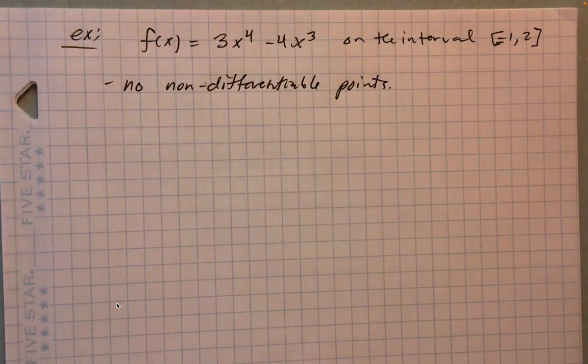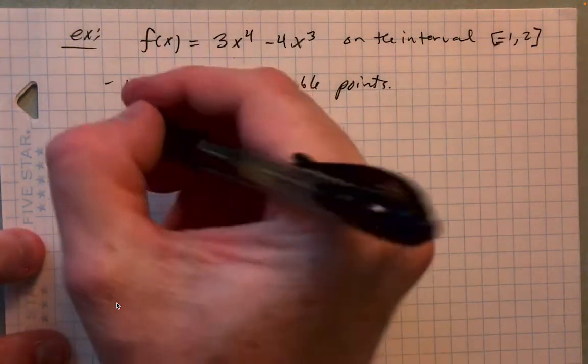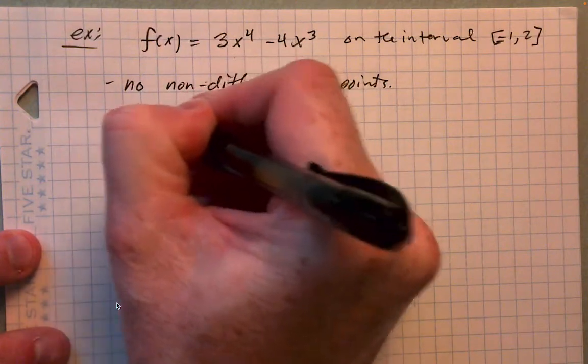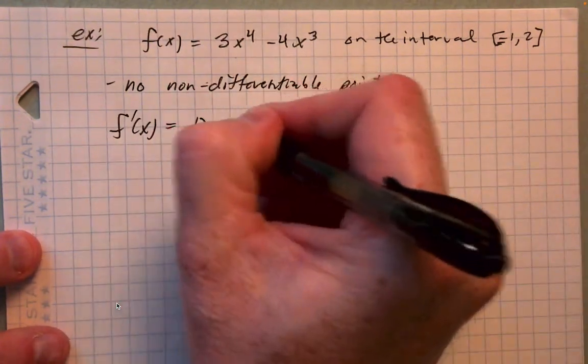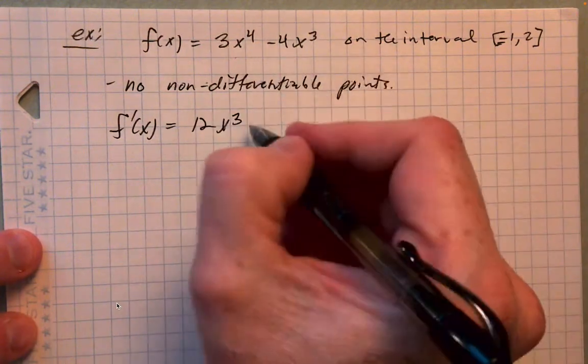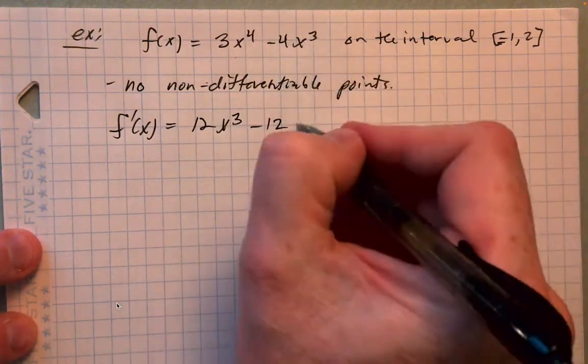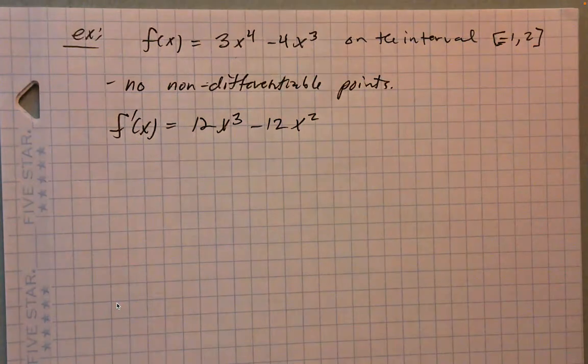Okay, so let's find the critical numbers that pertain to zeros of the derivative. The derivative is 3 times 4, which is 12x cubed minus 12x squared. Real easy to calculate.